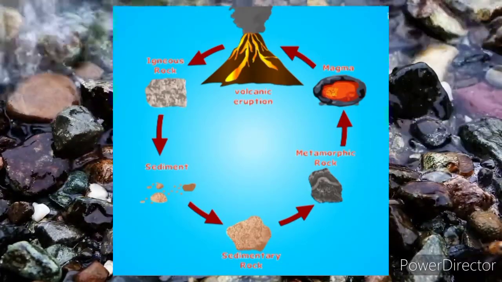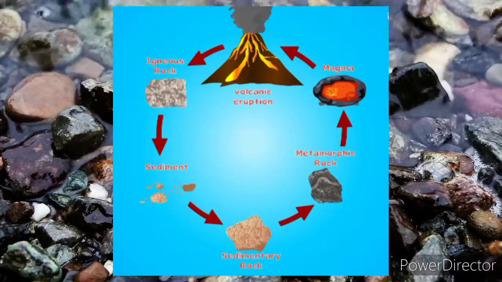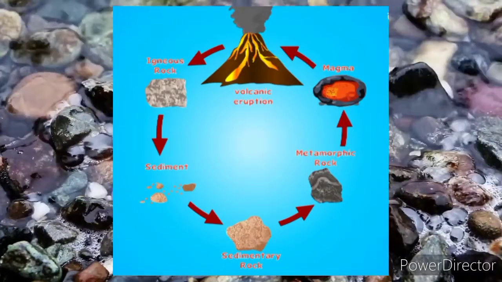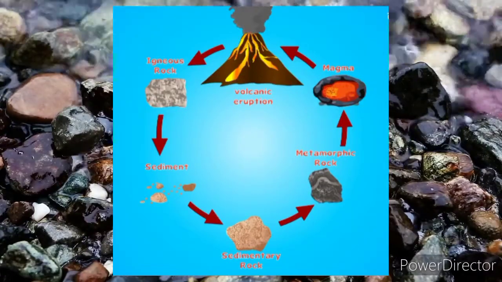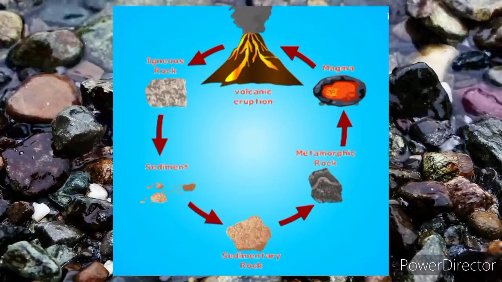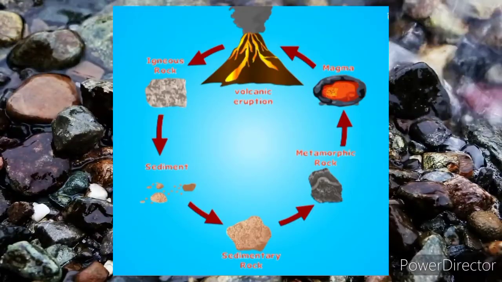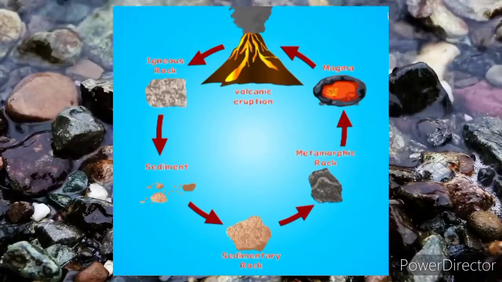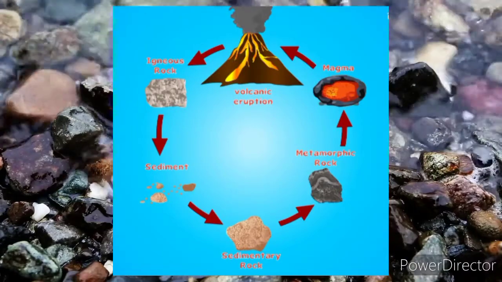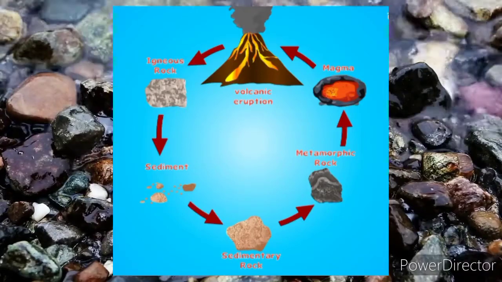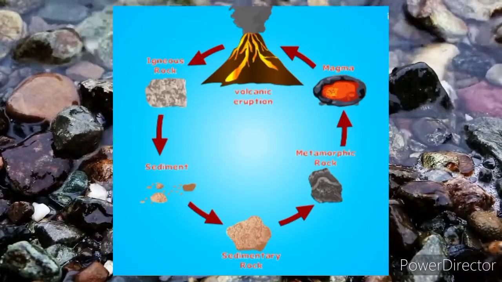Now the igneous rocks which are formed by the cooling of magma inside the volcano and the sedimentary rocks, both these rocks, when they get heat and pressure, change into metamorphic rocks. And when these metamorphic rocks, after much more pressure over millions of years, move deep inside the interior of the earth, they melt.